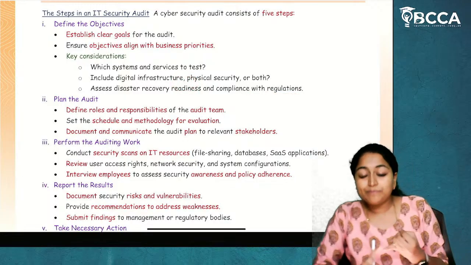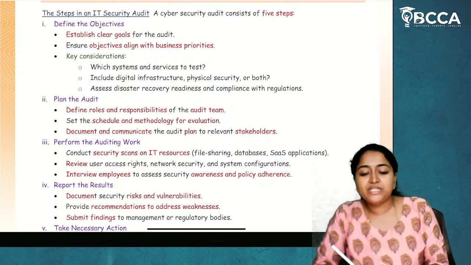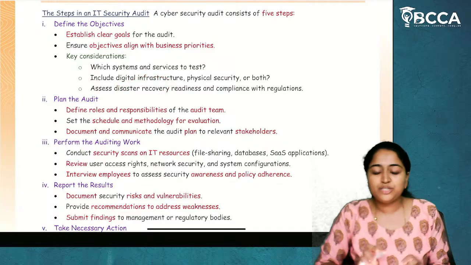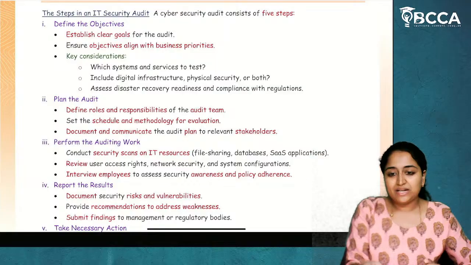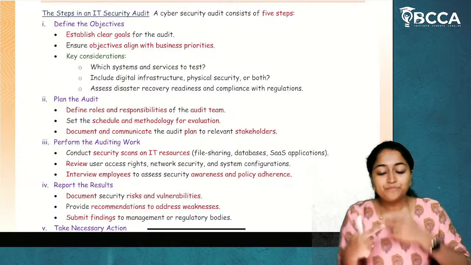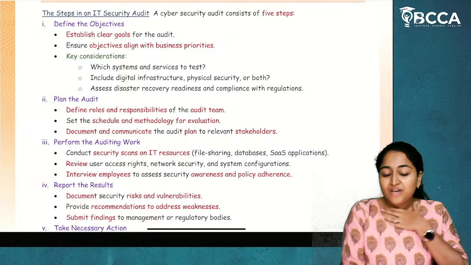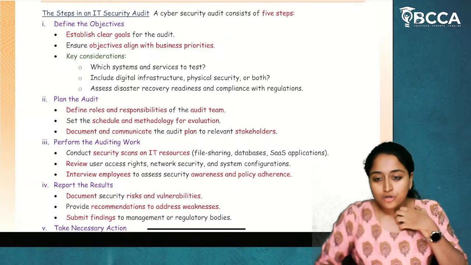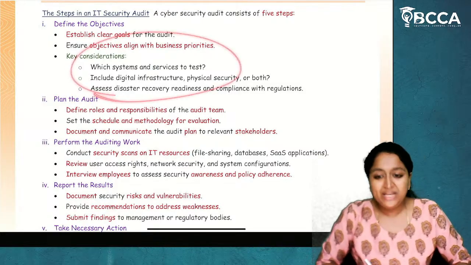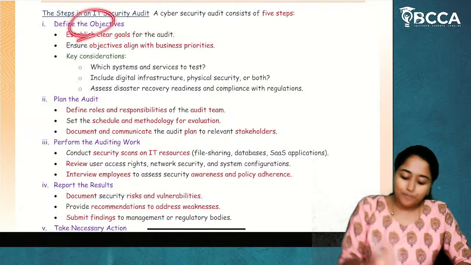Are they complying with the regulations of information safeguarding, and is there disaster recovery or not? If suddenly a virus attack happens, do they have a proper plan for safeguarding against it, or if there is sudden hacking, do they have a system to retrieve the data? The audit will be done regarding that. First, you will define the objective.